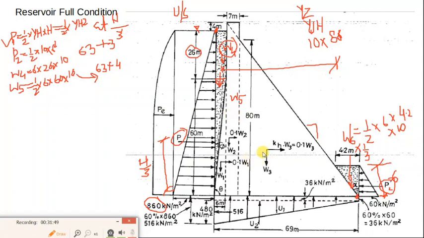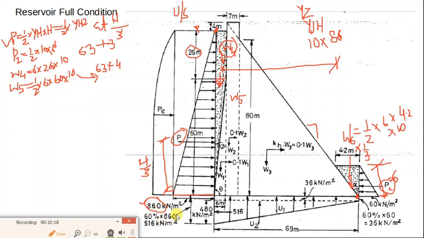Now how to calculate the uplift force? Since you can see here that the water pressure at the base is 860, and in your question it is given that consider the uplift pressure acting at an effective area of 60%.